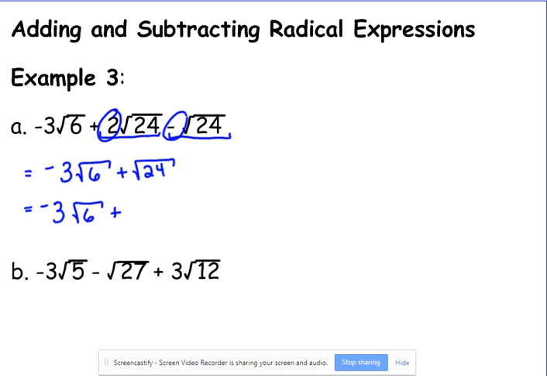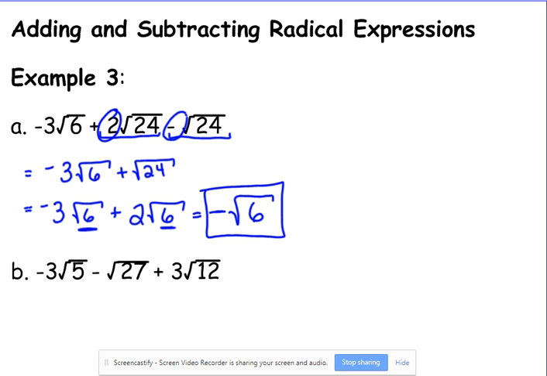So 24 is 4 times 6. So the square root of 4 is 2. So that's 2 square roots of 6 is how we rewrite the square root of 24. Now they both have a square root of 6, so we can combine their coefficients. So that is equal to the negative square root of 6.